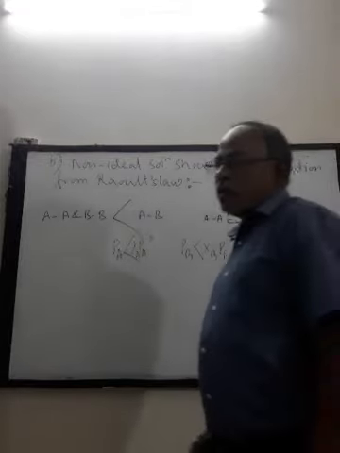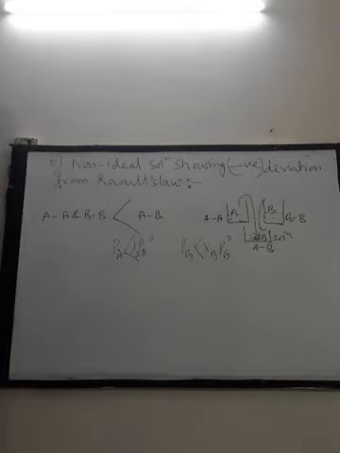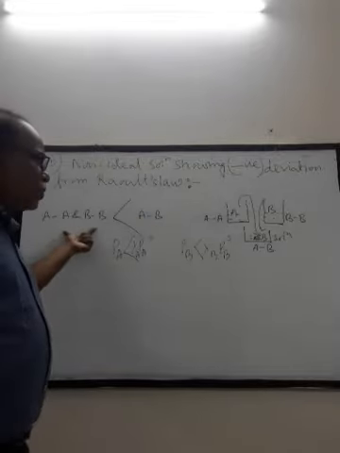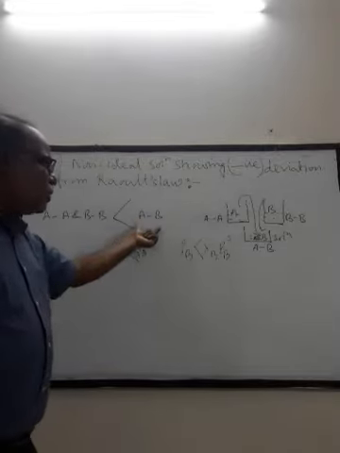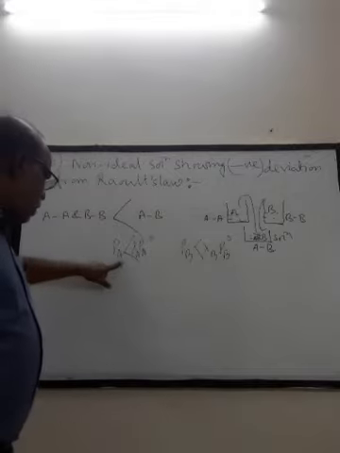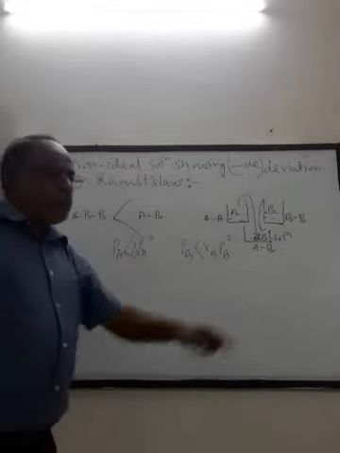So when A and B are mixed together, the interaction after mixing, that is in the solution, is more than the interaction before mixing. More interaction means less tendency to get vaporized. So the partial vapor pressure of each component is less than the value expected from Raoult's law.